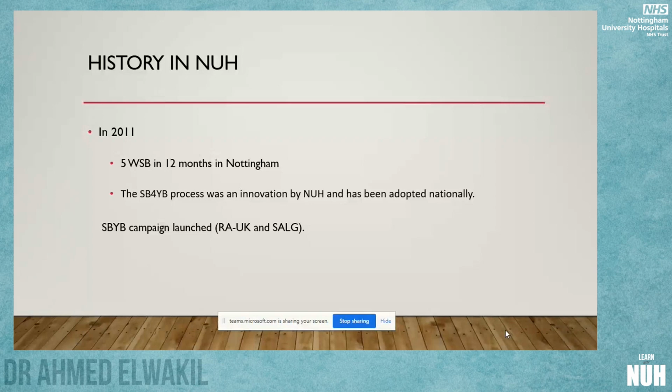The analysis revealed that in all of these cases, the surgical site had been marked appropriately, and WHO sign-in was performed correctly. And so the process of Stop Before You Block started here. It was an innovation by NUH and has been adopted nationally. The process involves a pause moment just before the block is done, and used to be a dual responsibility of the anesthetist and their assistant.